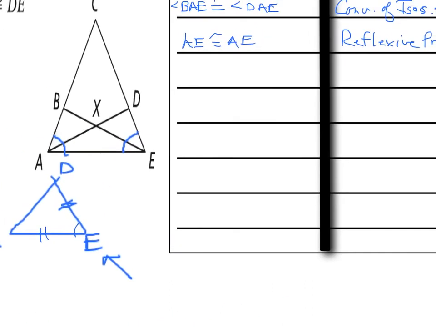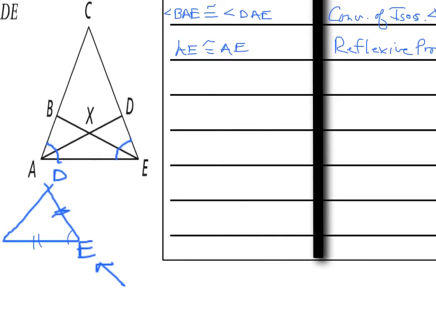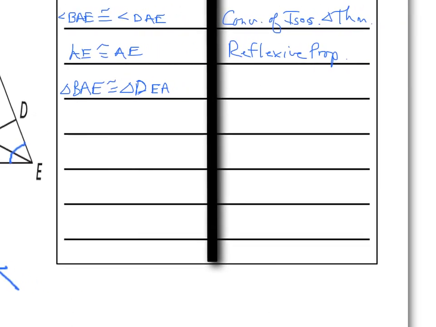So I can say next that triangle BAE is congruent to triangle, or sorry, not DAE, it would be DEA. Triangle BAE and triangle DEA. And the reason that they are congruent is because of side, angle, side.